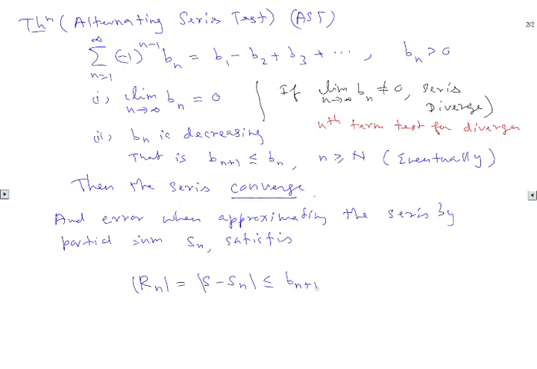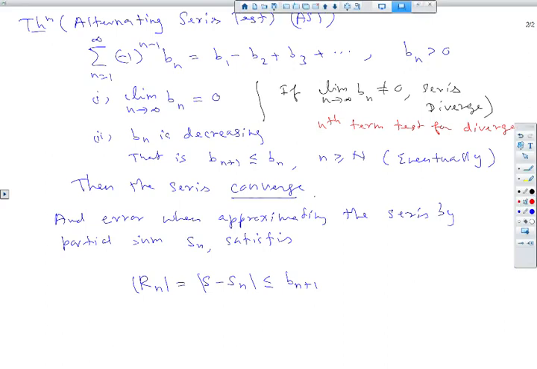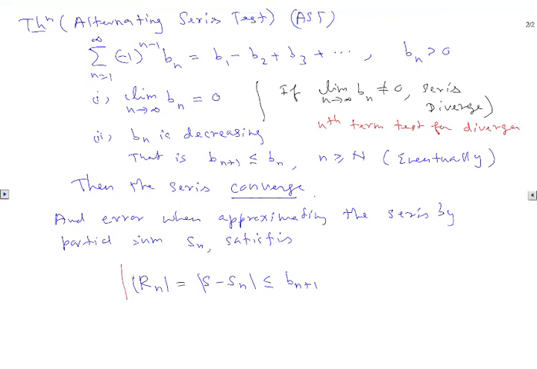So that's a very powerful result. That's the first missing term. It says that the error is less than the first missing term, because you know that bn is positive, so we can write it like that. So this is what we call the alternating series test. It's very easy to use, and also very easy to remember. We check whether the limit of bn equals 0, and also whether bn is decreasing.